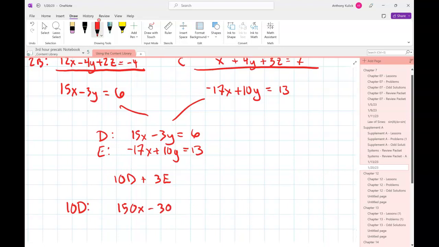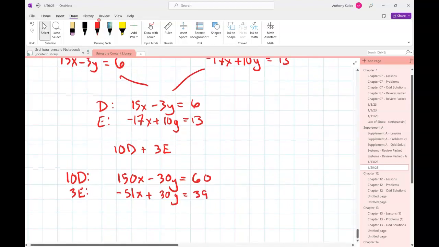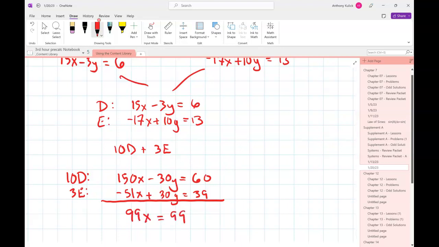So 10D is going to be 150x minus 30y is equal to 60. And then 3E is going to be, what's that? Negative 51x plus 30y equals 39. If we add down, I get 99x equals 99.